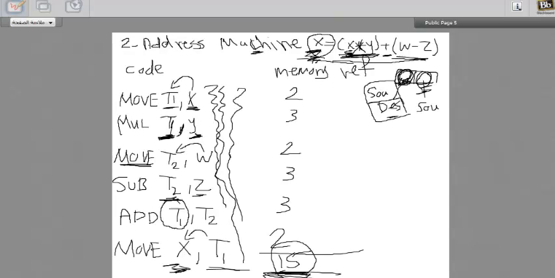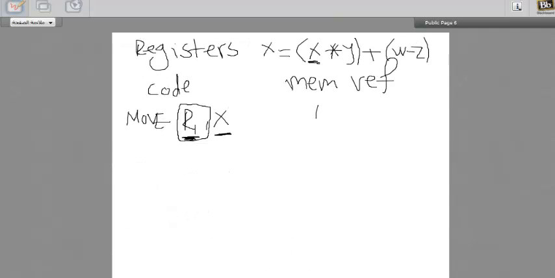In comparison to the previous one, we had two memory accesses because T1 was stored inside the memory. Now we have a register, which acts as a short memory inside the CPU. So this is the first one. Then we need to multiply R1 with y.